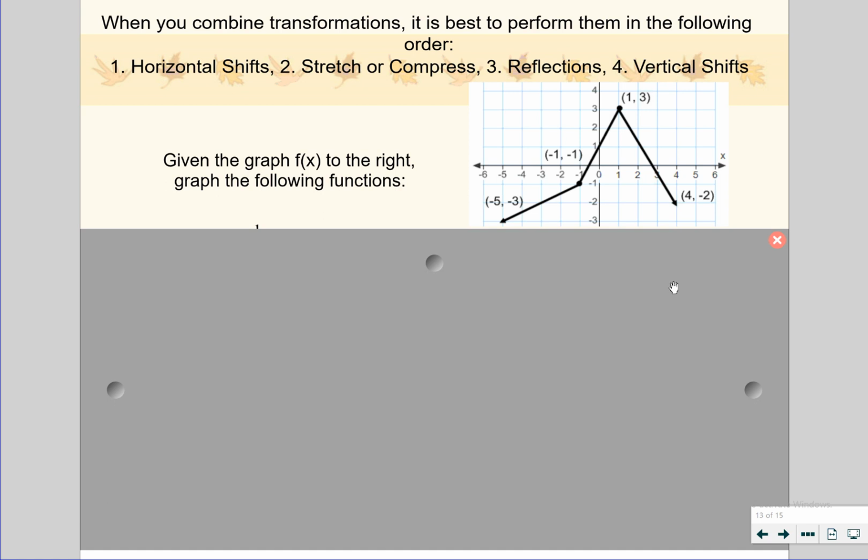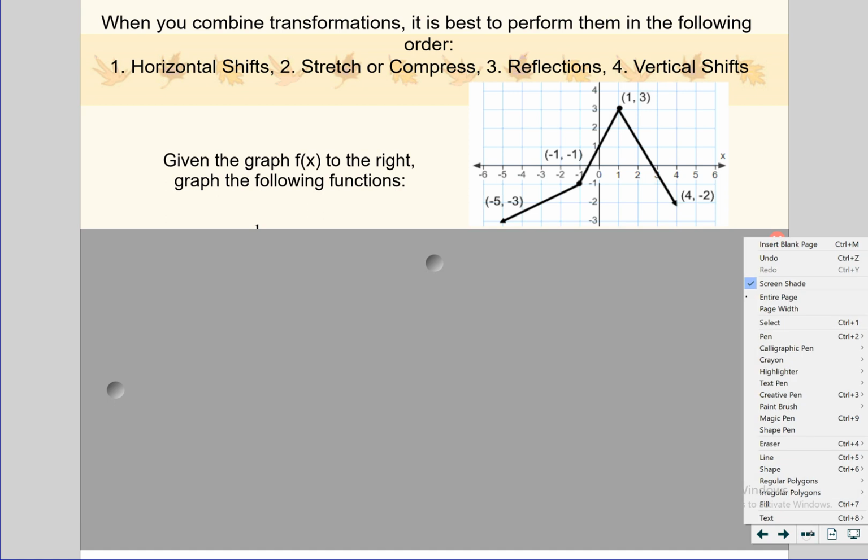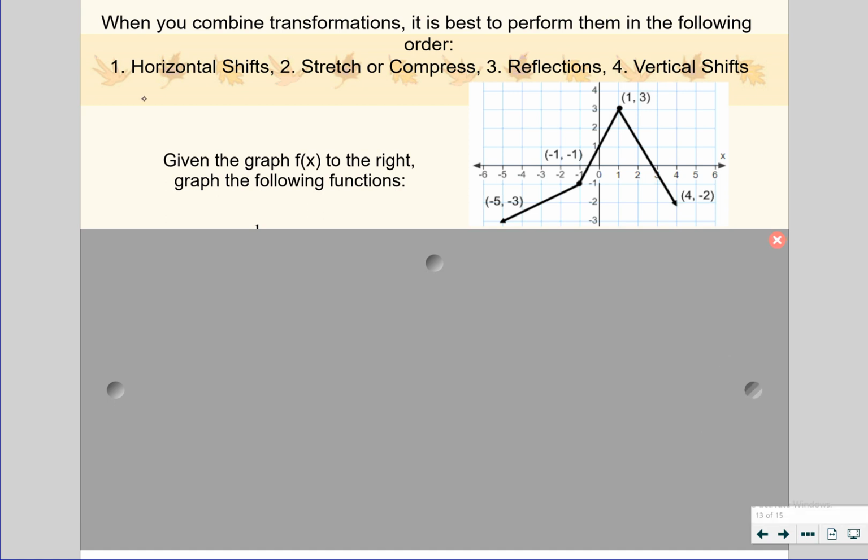If you have to do transformations on your own by hand with no equation, there is an order. So think of this kind of like an order of operations for transformations if you are performing them. The first thing you do is a horizontal shift, and they go in this order because these are the things that start closest to your x value if you were to plug something in.